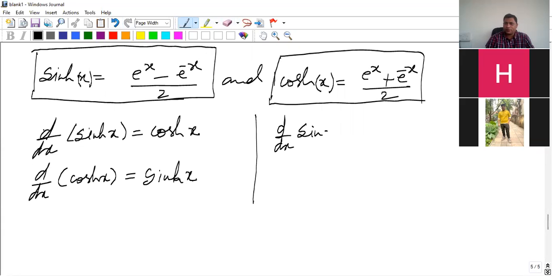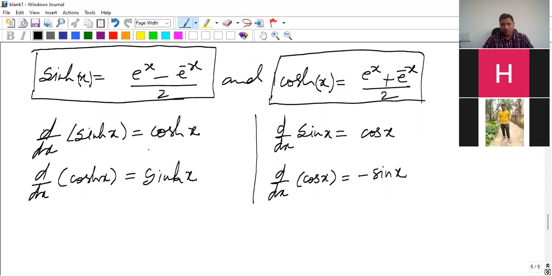If I consider trigonometric sine x, its derivative is cosine x, and the derivative of trigonometric cosine x is minus sine x. But in hyperbolic functions, the derivative of hyperbolic sine is hyperbolic cosine, and the derivative of hyperbolic cosine is hyperbolic sine. So there is no minus sign.